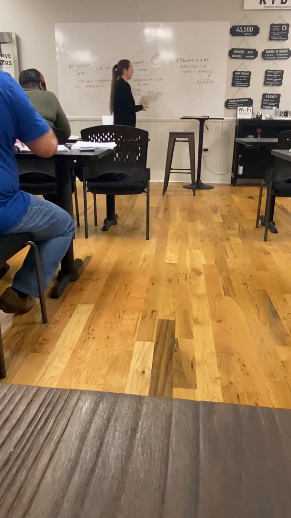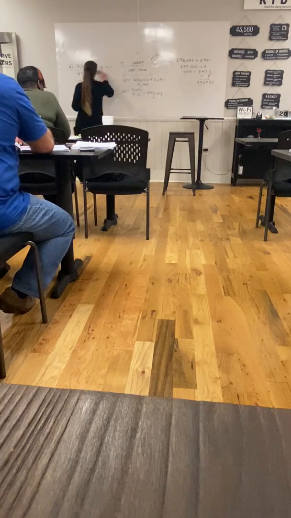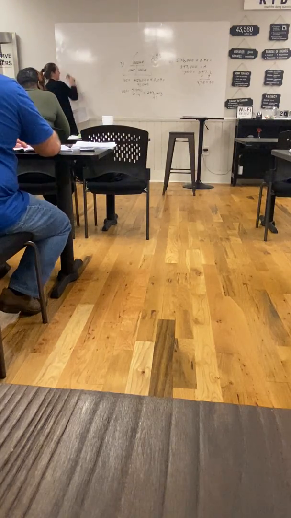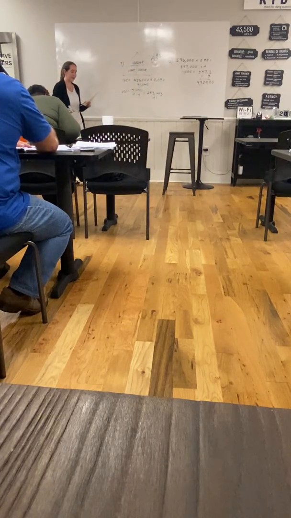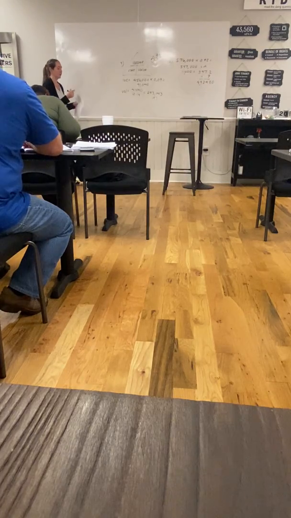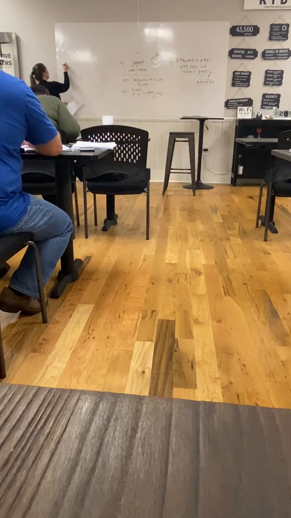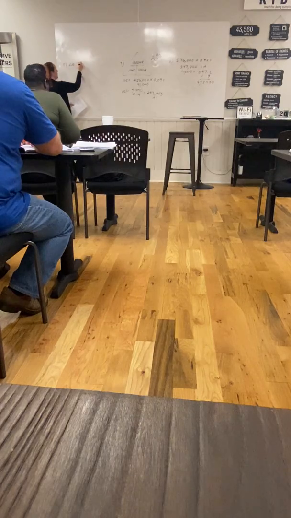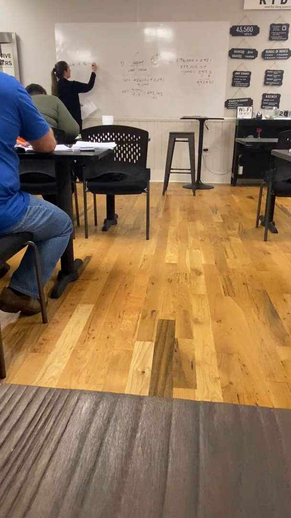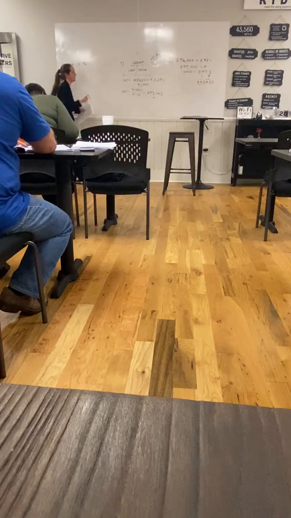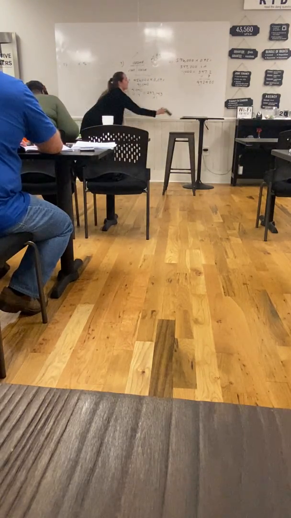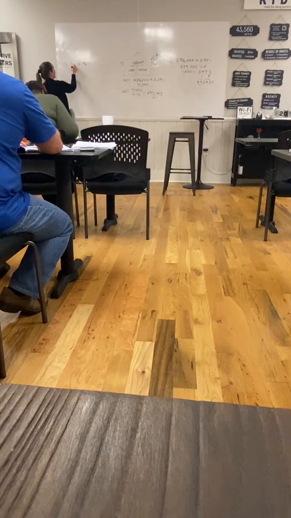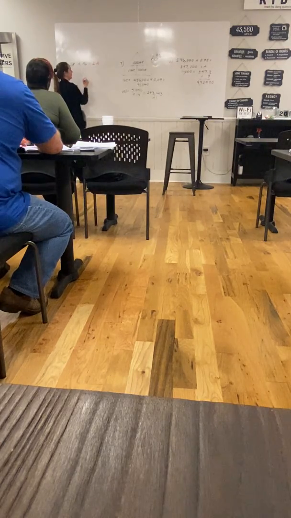Alright, for 11, this is doing the same thing that we did earlier with the PMI. This is the MIP version. But again, that process is the same, just paying attention if they want it all the way down to monthly, which they do on this one. We start with our sales price, multiply by percent, and that gives you your loan amount.